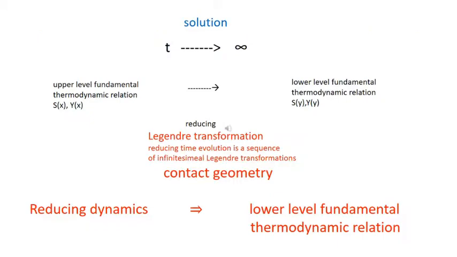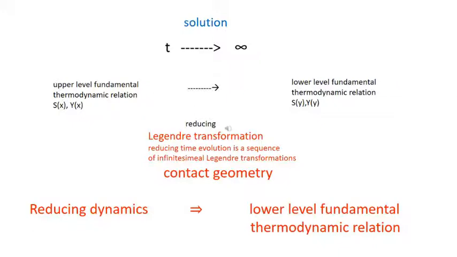Now, solutions of this abstract Boltzmann equation, if we consider only the initial and final state, are related by a Legendre transformation. It is a maximum entropy principle. Legendre transformations are natural transformations in contact geometry, and for this reason, contact geometry is a natural setting for thermodynamics.